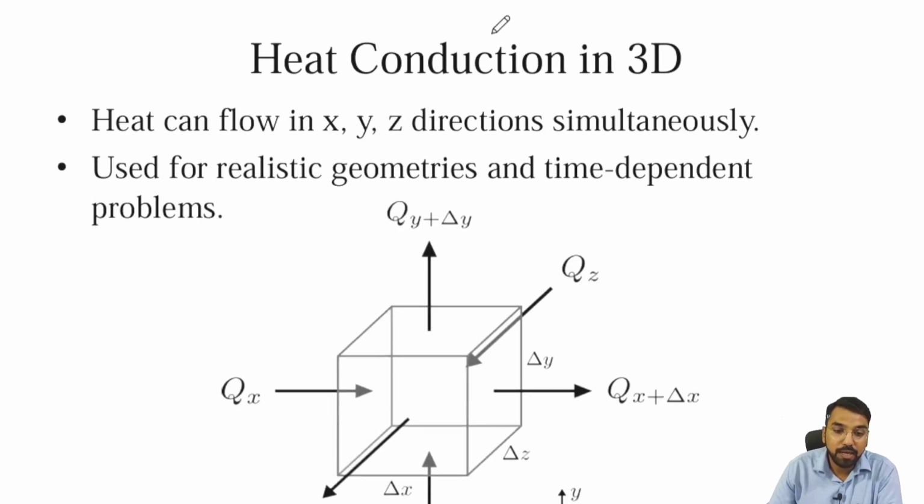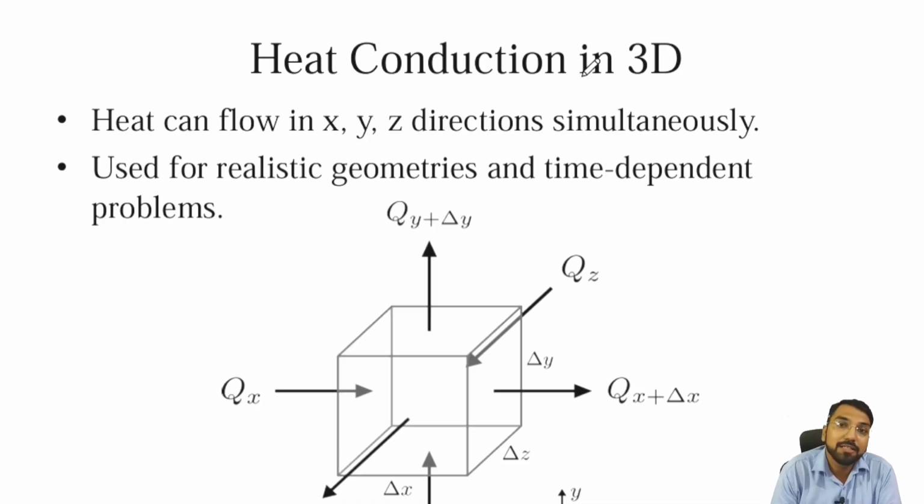Now, heat conduction in three dimensions. Today's lecture topic is the one-dimensional steady state equation for conduction, but we are going to see heat conduction in 3D. Why is that? Because in real life, all real materials and engineering applications have three-dimensional heat transfer.